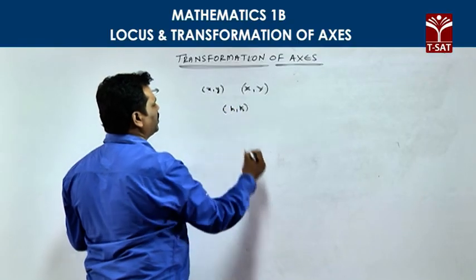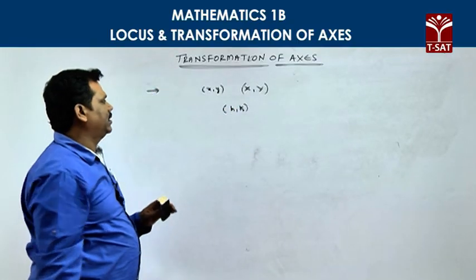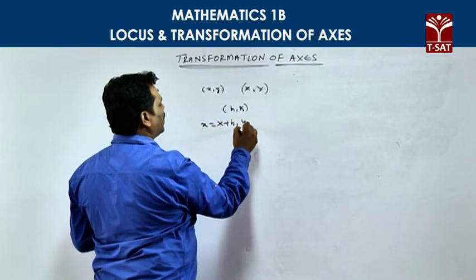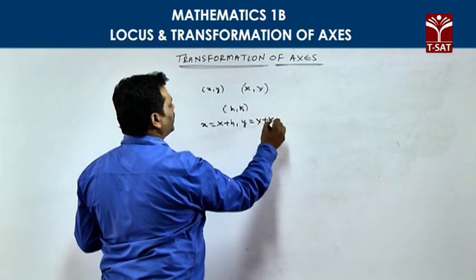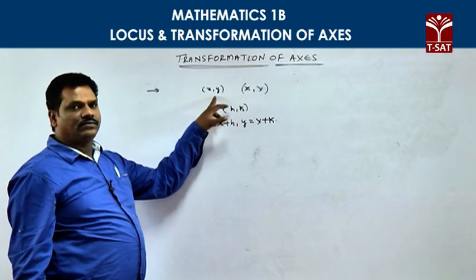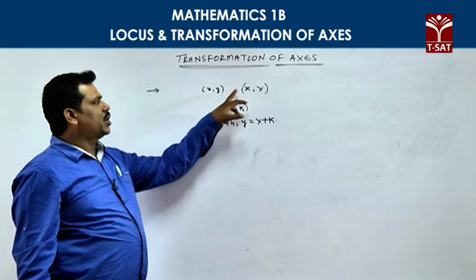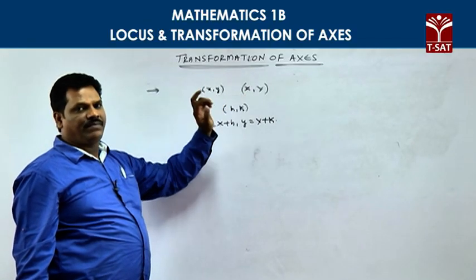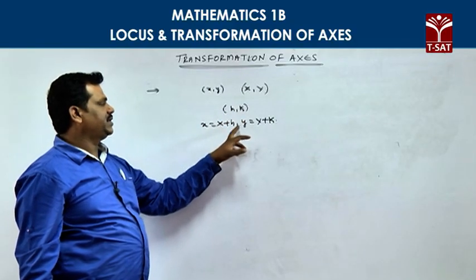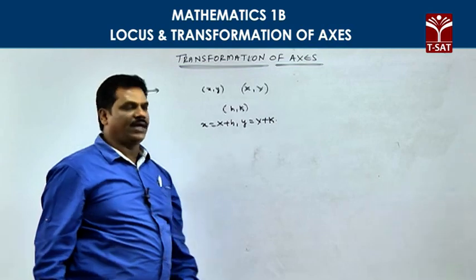Then we know that small x is equal to capital X plus h, small y is equal to capital Y plus k.